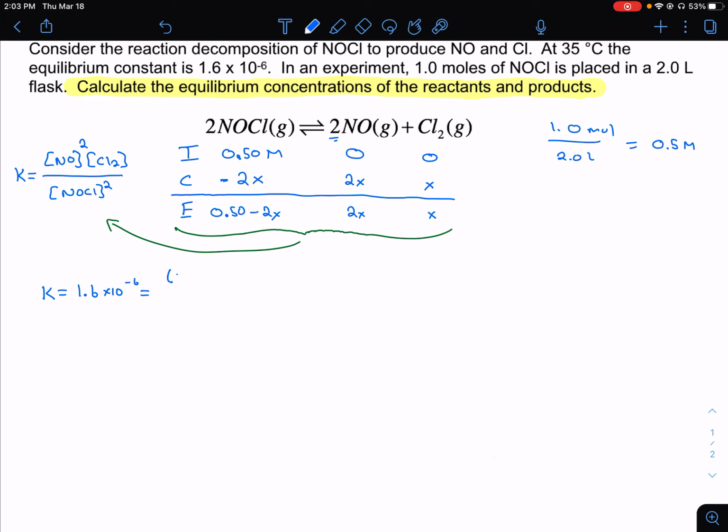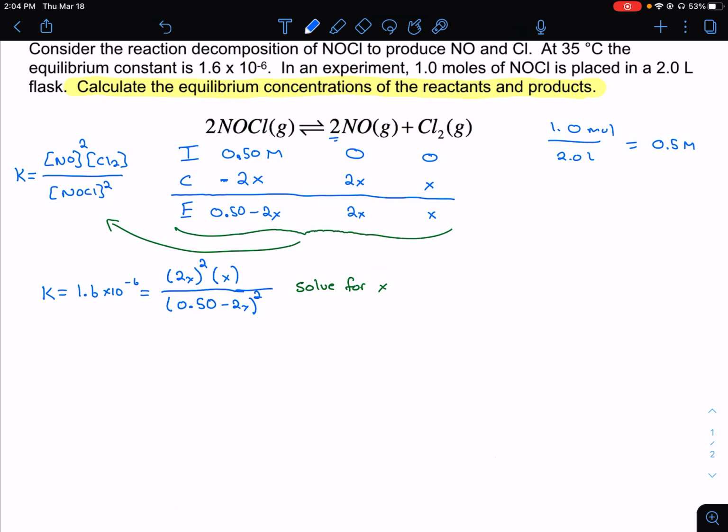So NO is 2X in parentheses squared times the concentration of Cl2, which is X, divided by the concentration of NOCl, which is 0.50 minus 2X, and that is also squared. So here is our equilibrium constant expression. We now have an equation with one unknown. So the key is now we're just going to solve for X.